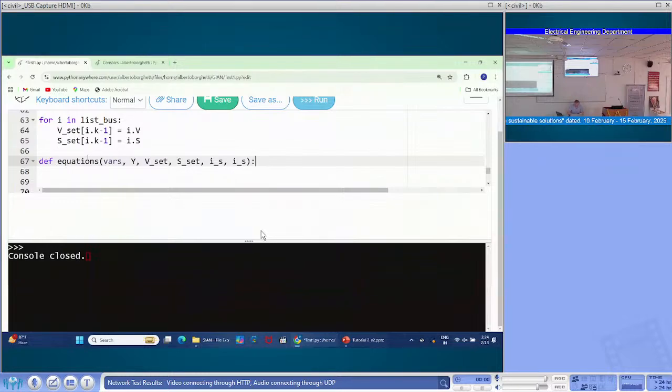So we start, and if you press enter, you see that we are not in the first column. We are a little bit indented because Python has no end instruction or parentheses. It just uses the indent in order to identify what are the instructions that are included in our function and what are the instructions that are outside.